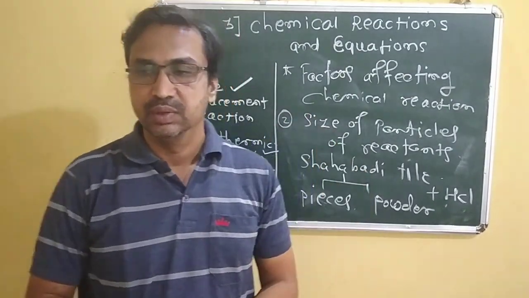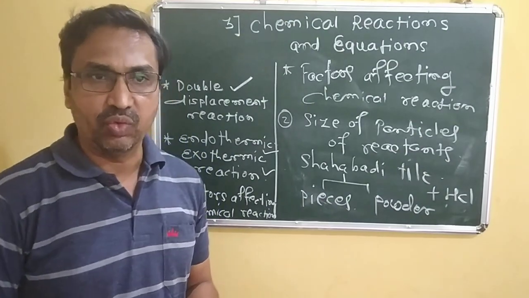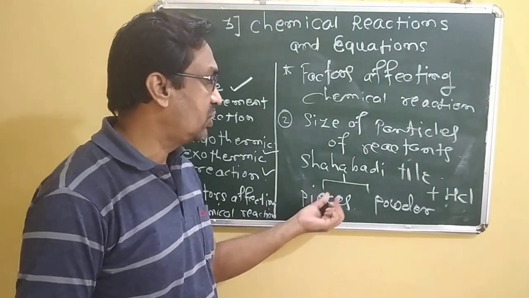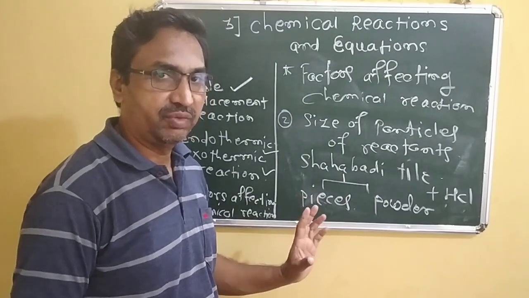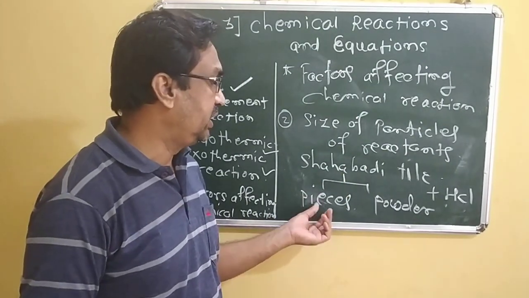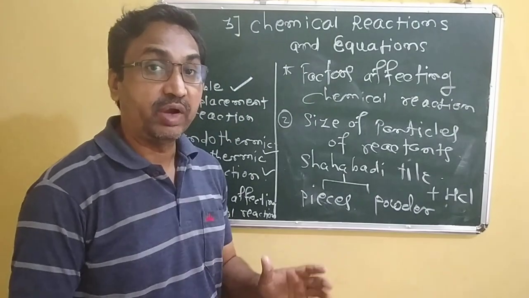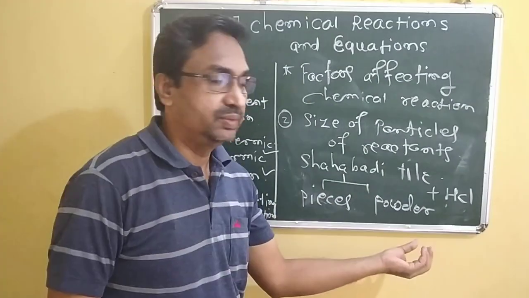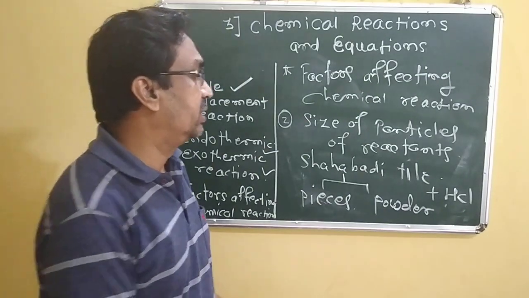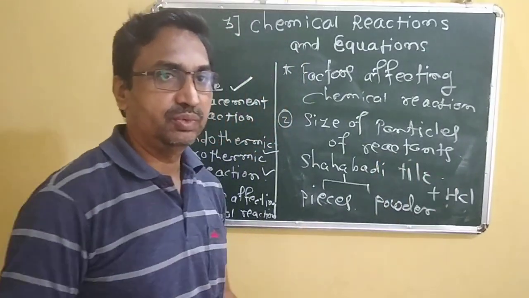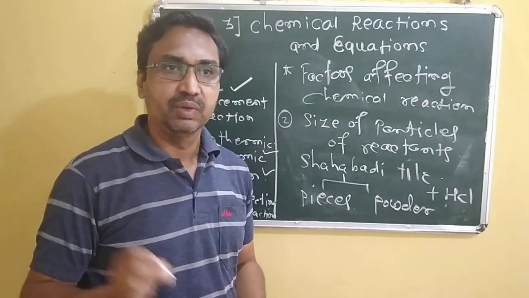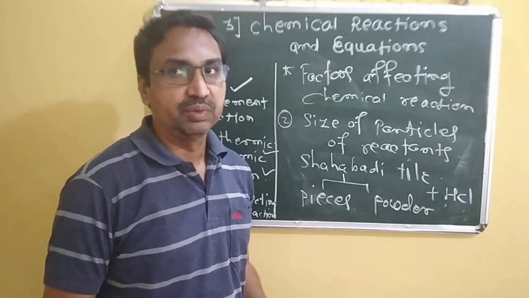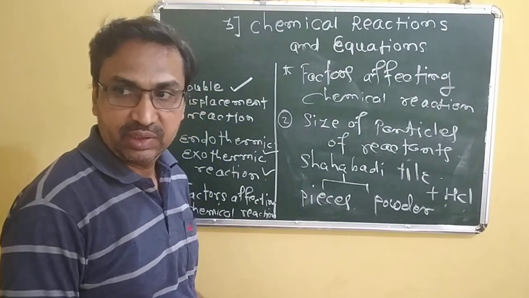In one test tube, we take pieces of Shahabadi tile, and it reacts with HCl. We have to see what happens. And second, powder: in another test tube, we have taken the powder.